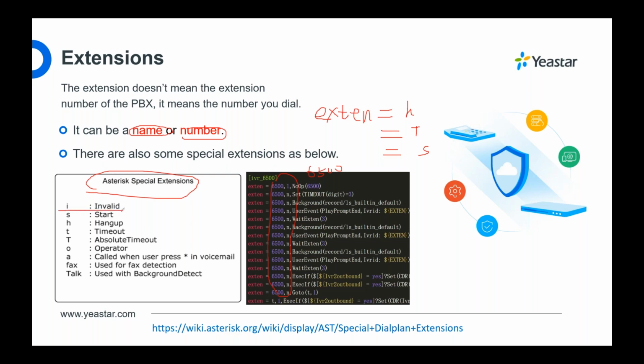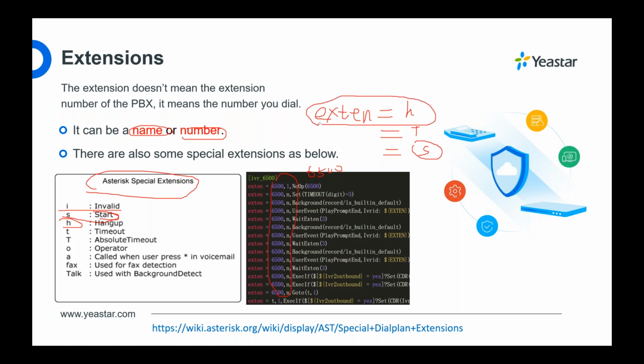The i means invalid. It is triggered when you call a wrong extension in the context. And s means start. If we are using an FXO, PSTN trunk, there is no dial number, so we will use the extension s as the extension. h means hang up.